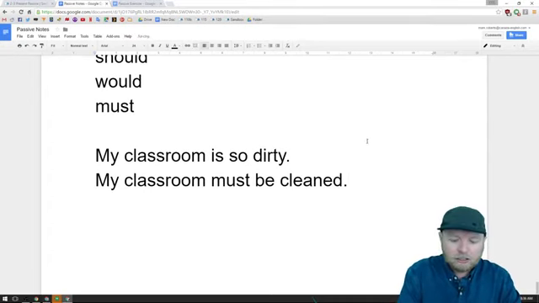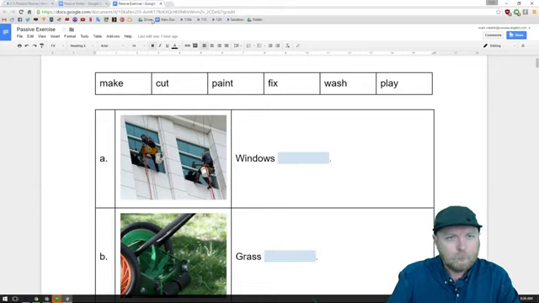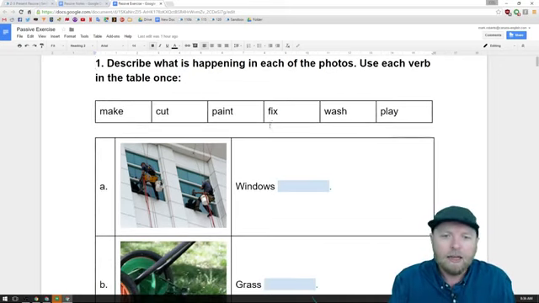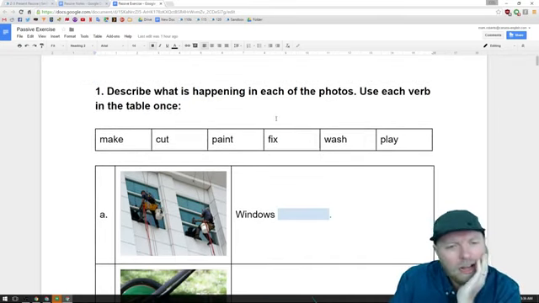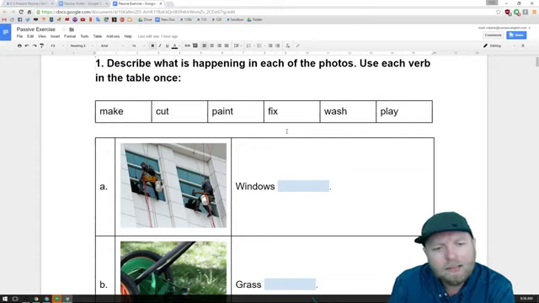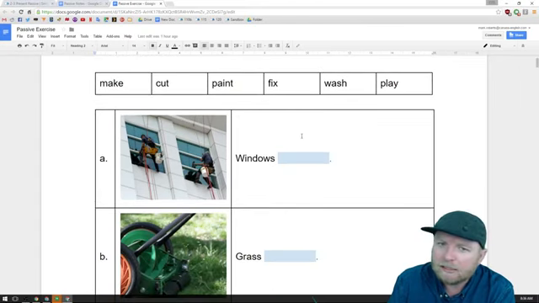Let's practice present continuous. Okay, present continuous. Describe what is happening in each of these photos. So, I mean, right now, what is happening in these photos?